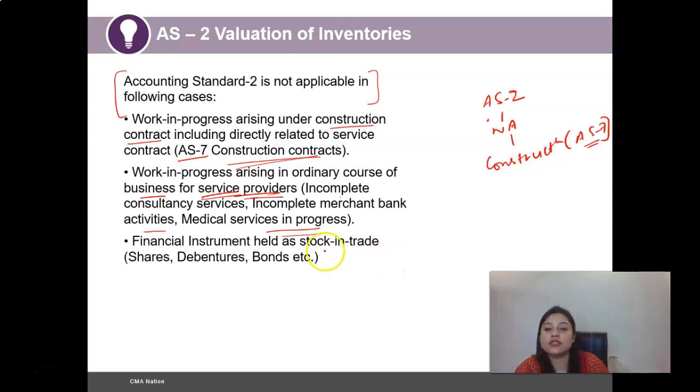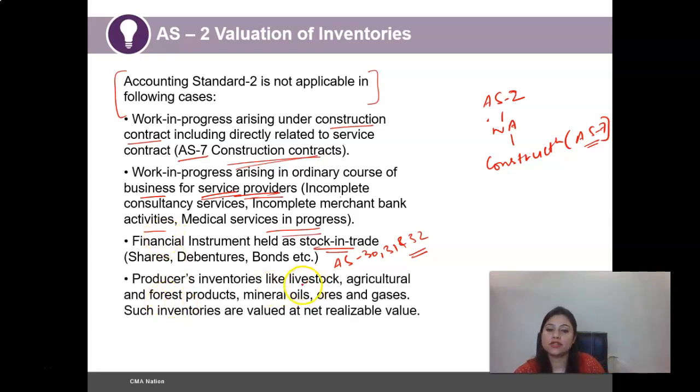Then again, financial instruments held as stock in trade will not be accounted according to AS2 but according to AS 30, 31 and 32, which are based on the valuation of financial instruments in the books of accounts.